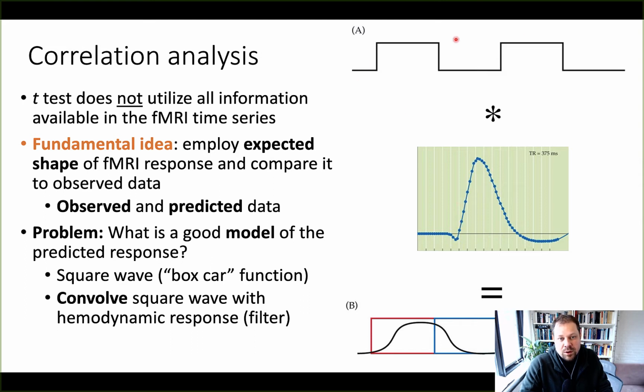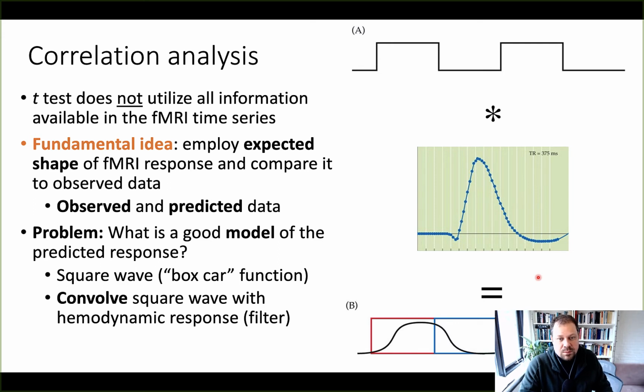So we can convolve the boxcar function, or square wave function, with this hemodynamic response function to get a better predicted data, if you will, that more closely follows how the hemodynamic response should look during task relative to no task conditions.